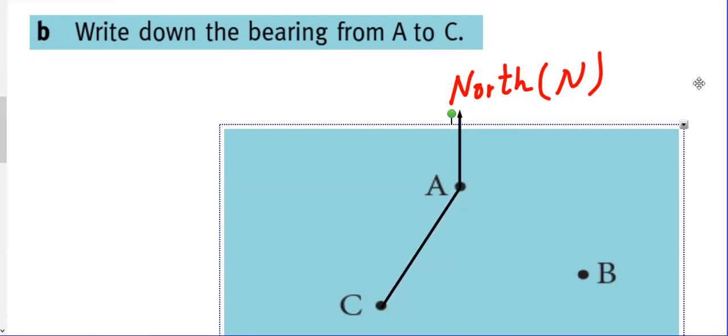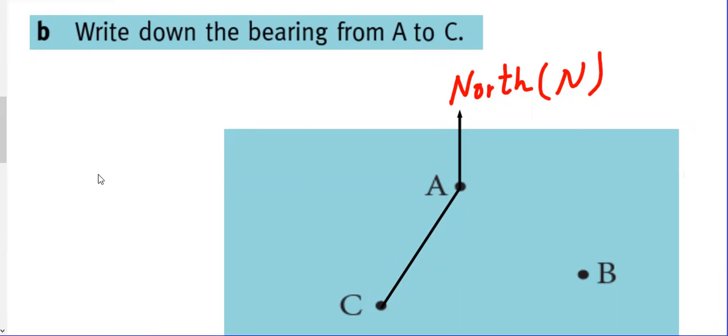So number 1, you sketch, and number 2, you go ahead with calculation. Write down the bearing from A to C. Now the bearing is nothing but an angle, and the angle which they're talking about is this angle from north going to this line we have drawn. That is the angle we have to find out.